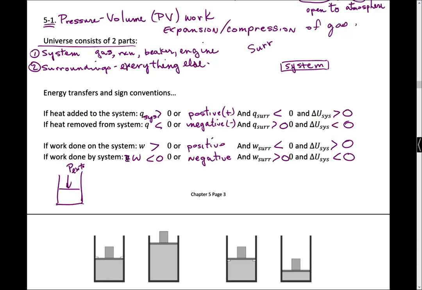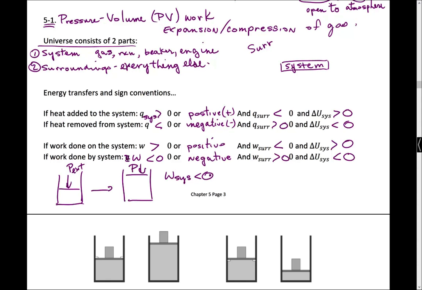So in expansion, is my system doing work or is work being done on it? It's doing work on the surroundings. So work of the system is going to be less than 0, because it's expending energy to do the work.